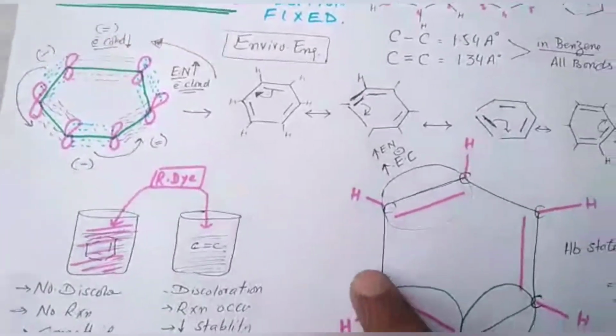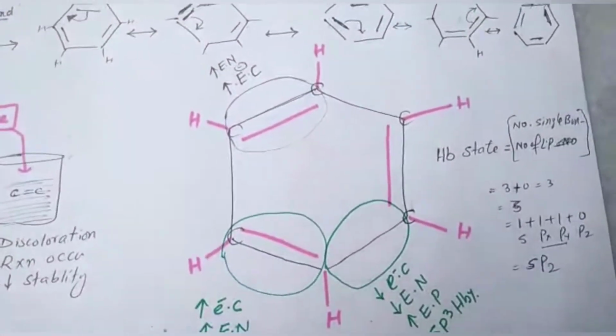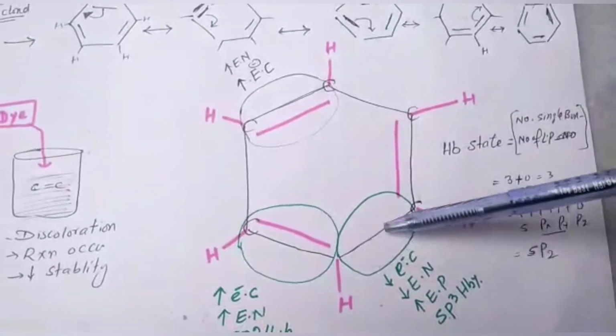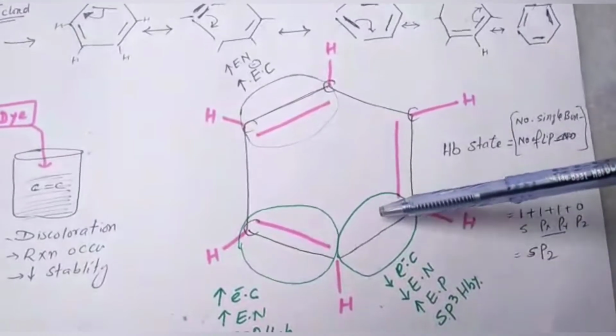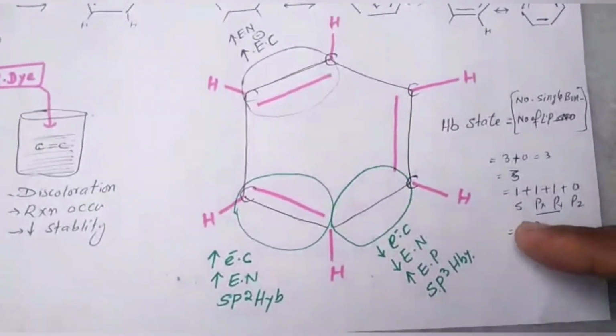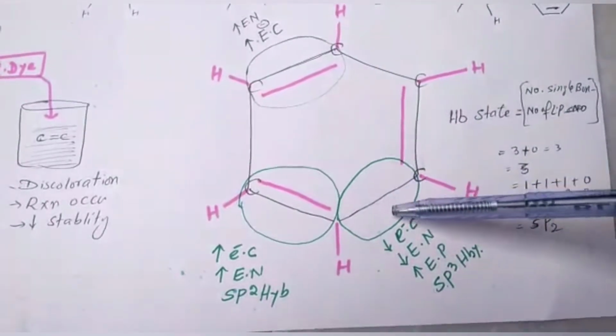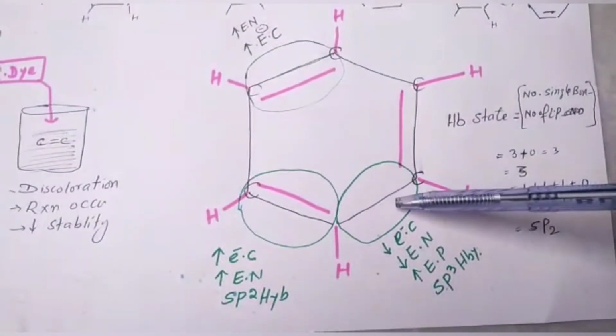Now, look here. In this structure of benzene, the single bond area has a decreased electronic cloud.